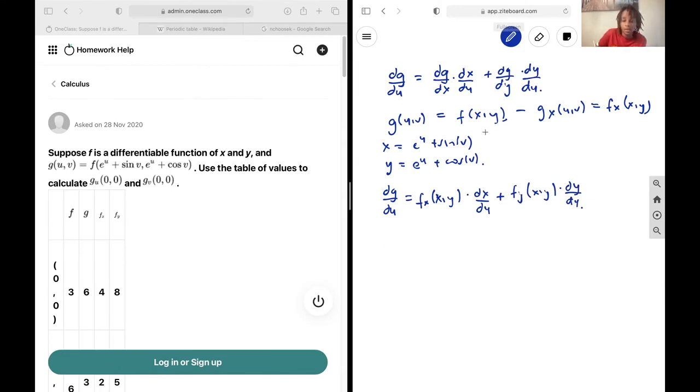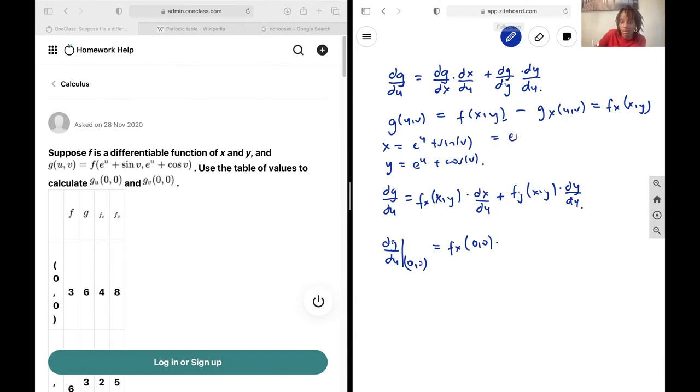And additionally, we want this evaluated at (0, 0). Which means we will evaluate the partial derivatives at (0, 0), multiplied by dx over du at (0, 0).